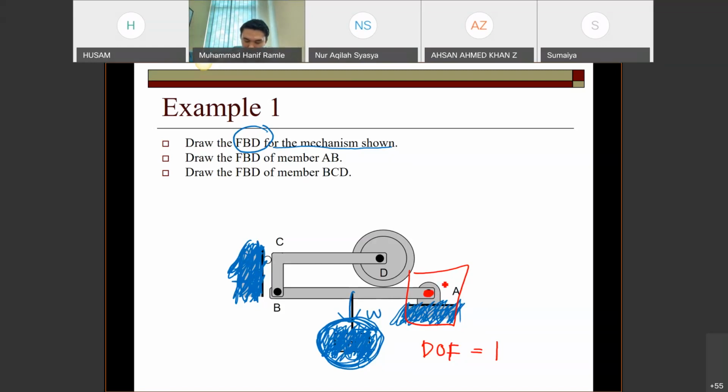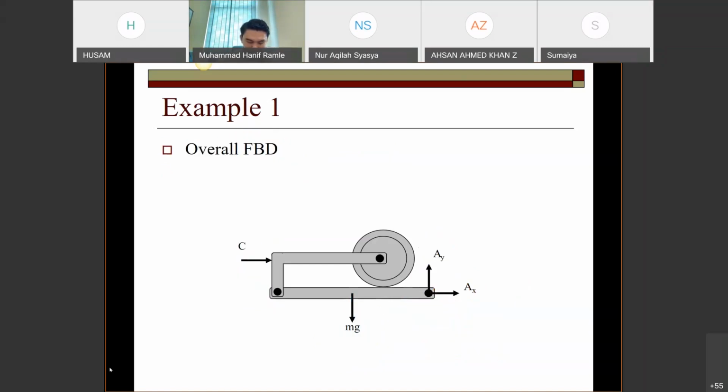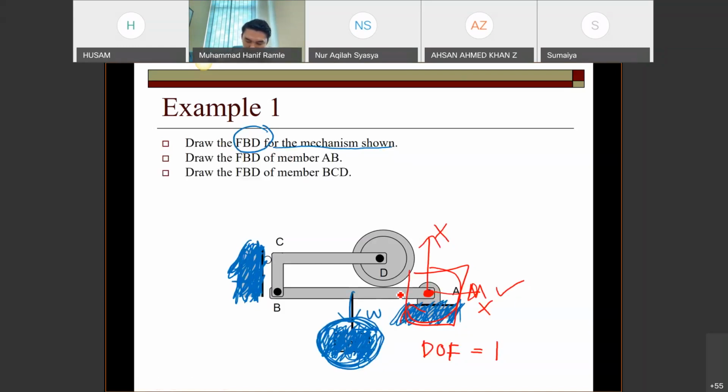This system can only rotate, but this pin cannot go up, cannot go left or right, cannot go down. So the translational directions have reactions.